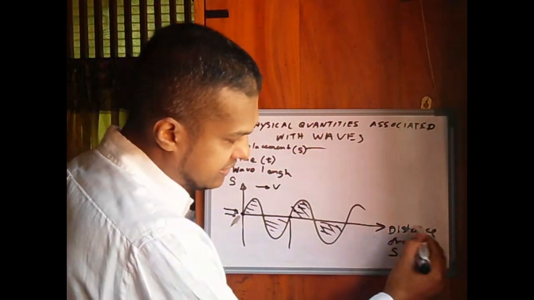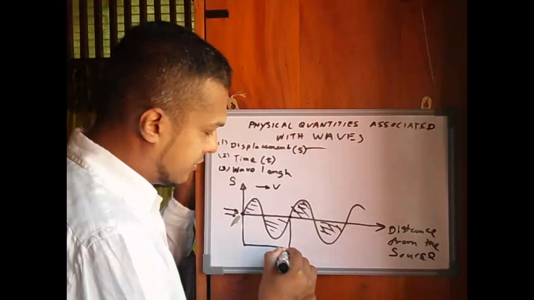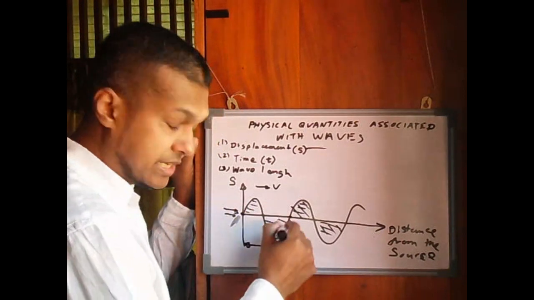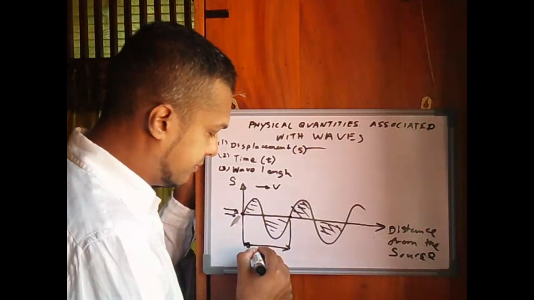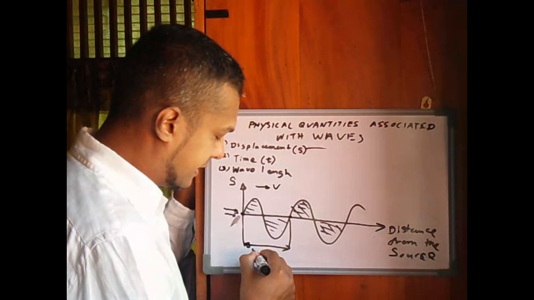Because this axis is distance from the source, we can call this particular section of the wave a wavelength.